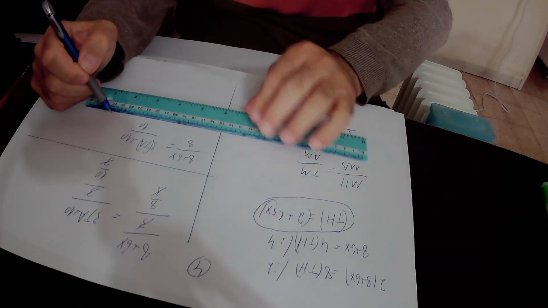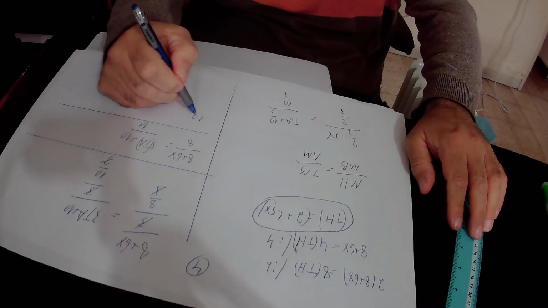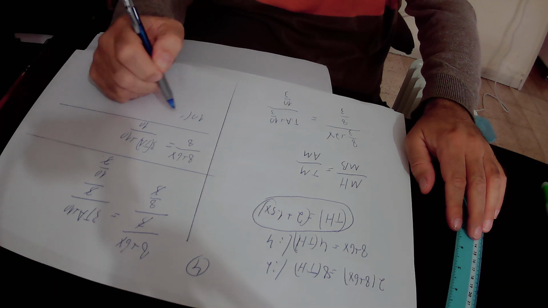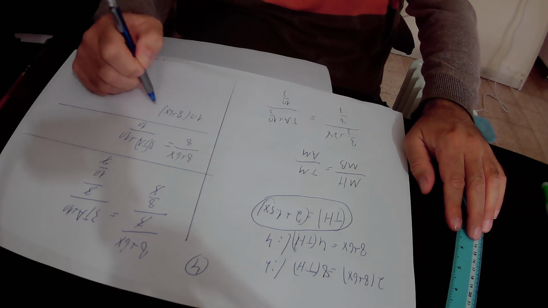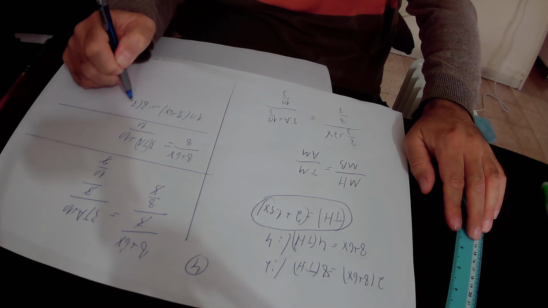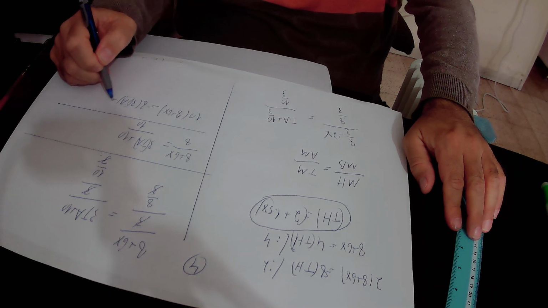Here we cross multiply this equation and we get that 10 times (8 plus 6x) equals 8 times (3TA plus 10).